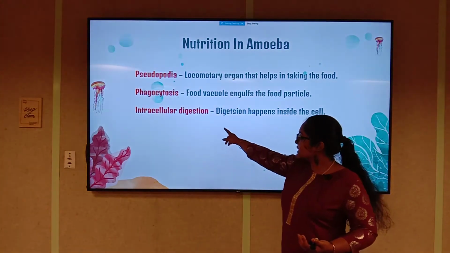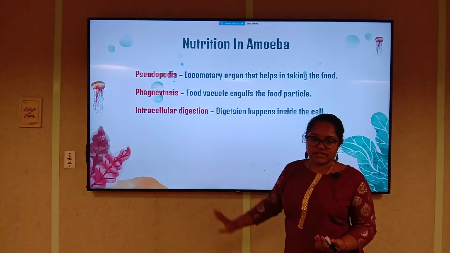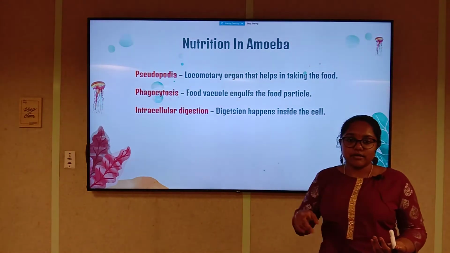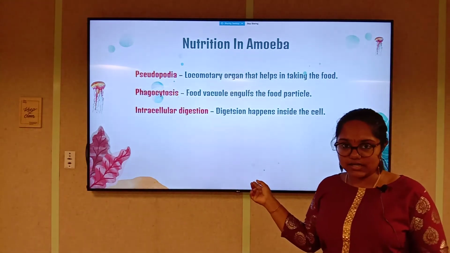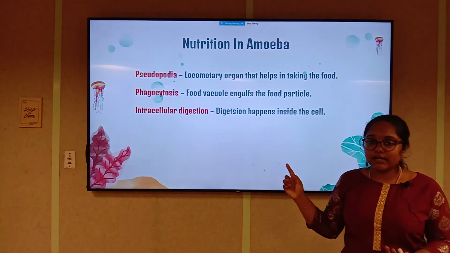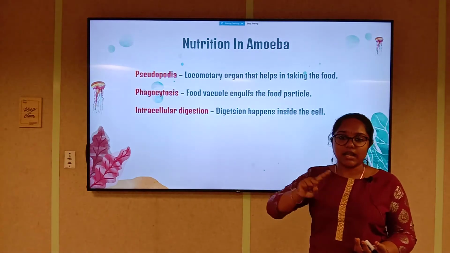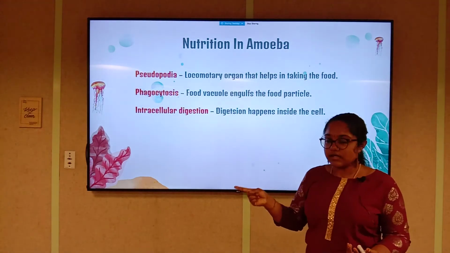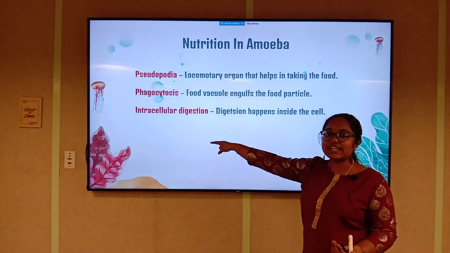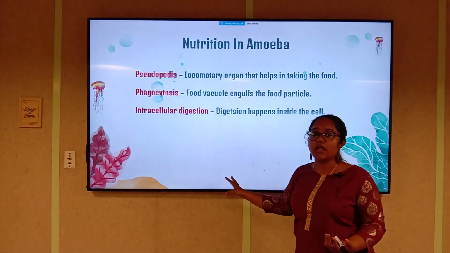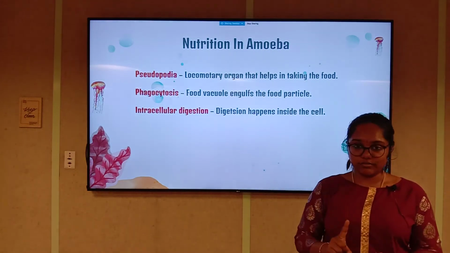Now the last one is intracellular digestion. If you remember, when we were discussing the 5 steps in the nutrition in animals, under the topic digestion, I mentioned intra and extracellular, isn't it? Now in the amoeba, we are going to see intracellular digestion. Amoeba is a one-cell body.